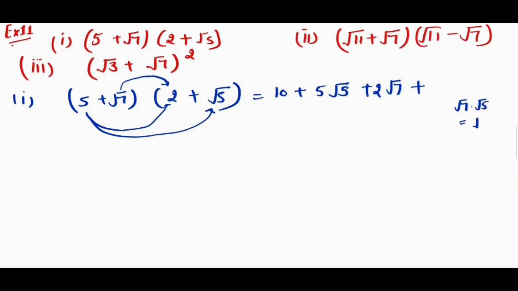Here again we can use this identity, 7 into 5, correct? So this will become 35, so I will write here square root of 35. So this is my answer.